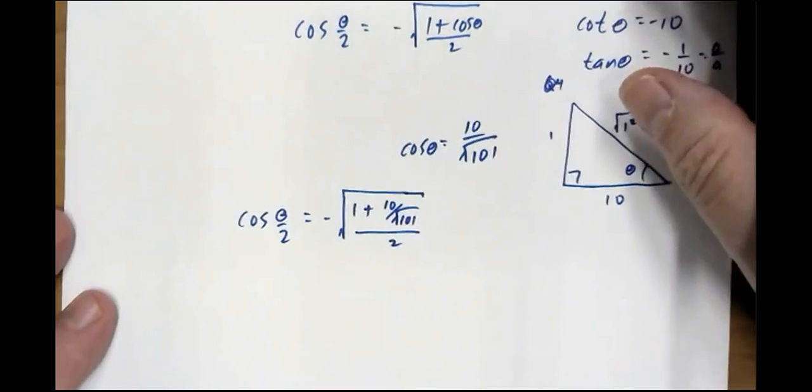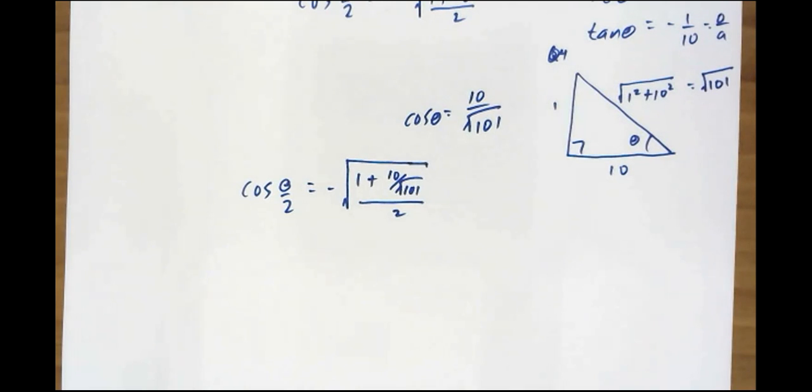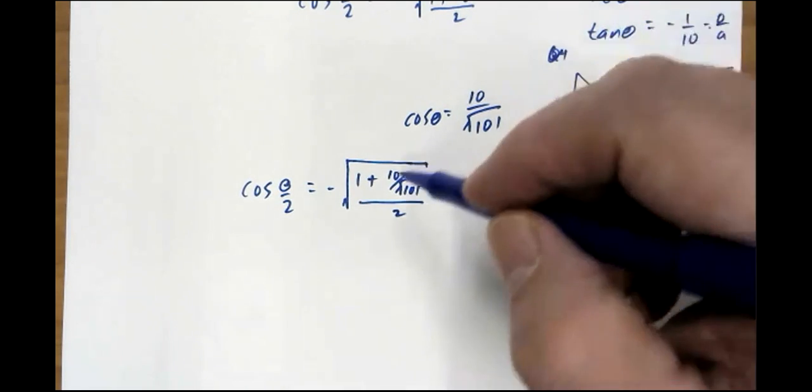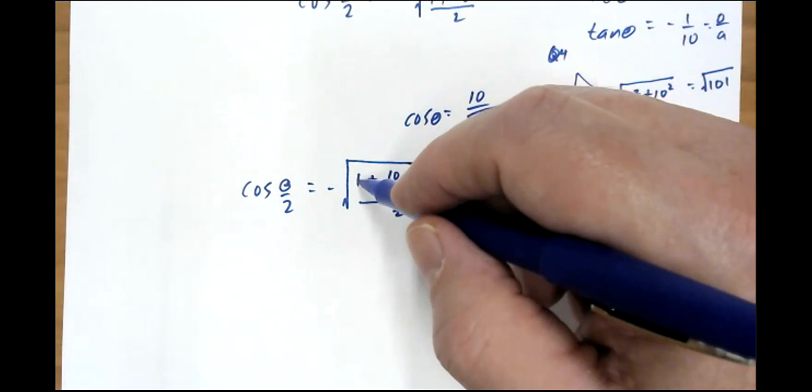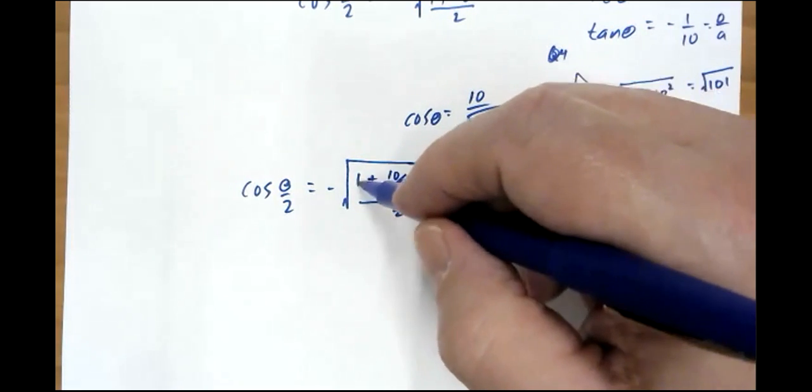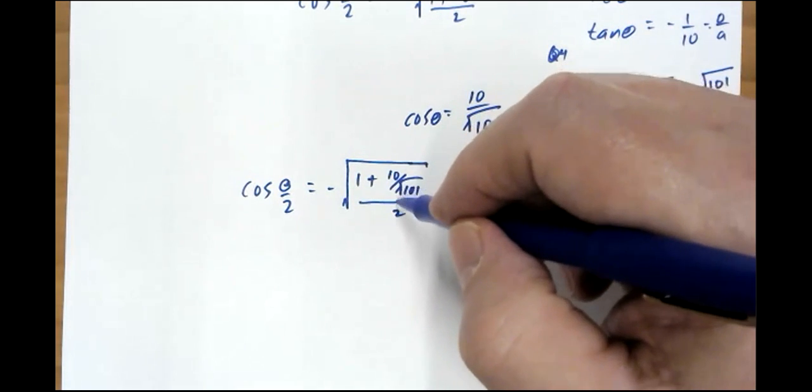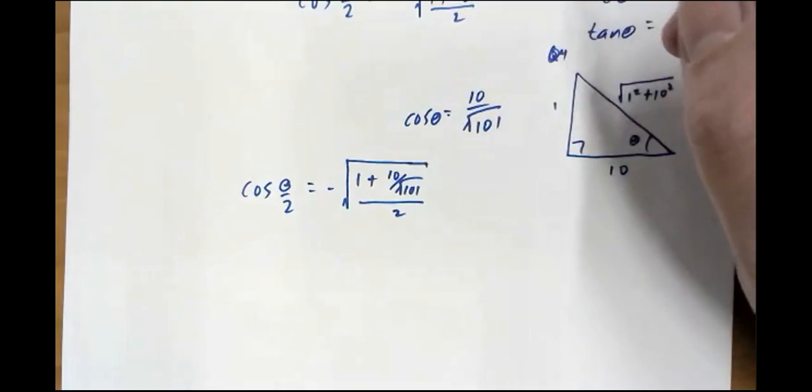Now you can't really leave it in this form just because they always want you to simplify. So what we're going to do here now is we're going to have to sort of combine these, what's in the top, into one fraction. And then we'll have a complex fraction and we'll go from there.